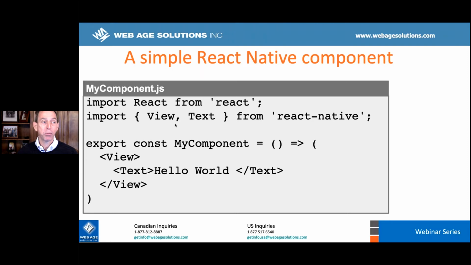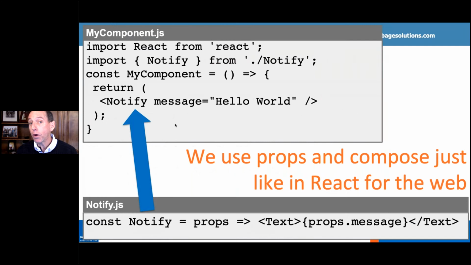Okay, so this is very simple. Hello world. You've got to write a hello world at first, right? But anyway, we would take this component, this myComponent.js, and we would use it inside of something else like app.js at the very top. Now, at this point, we do composition just like we would do with React. Now, some of you out there know React already, and you're looking at this and going, dude, this is a piece of cake.